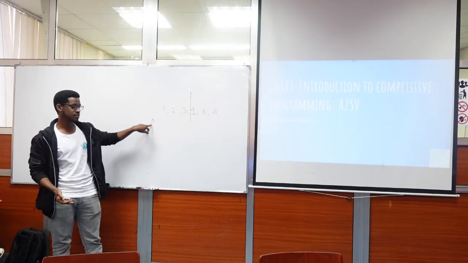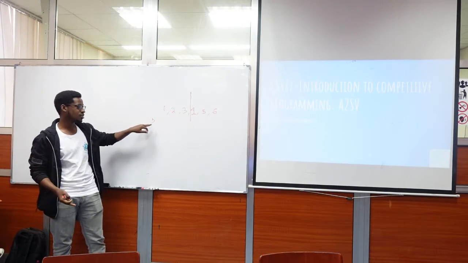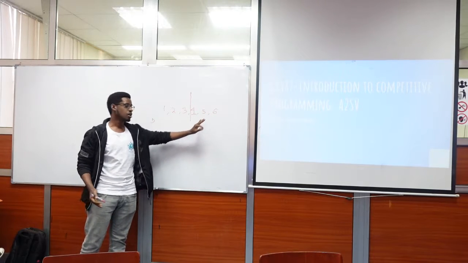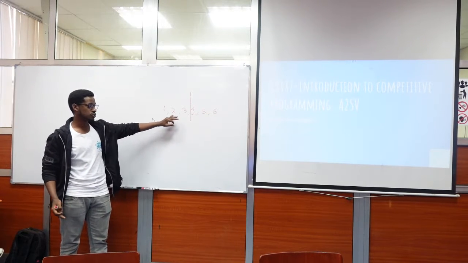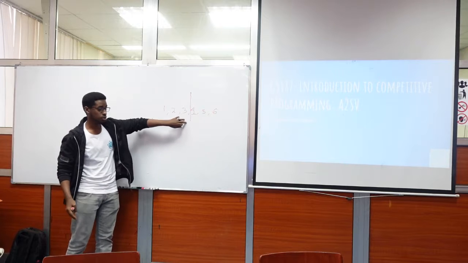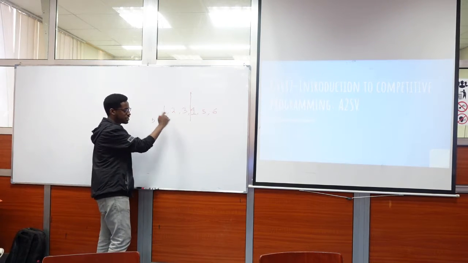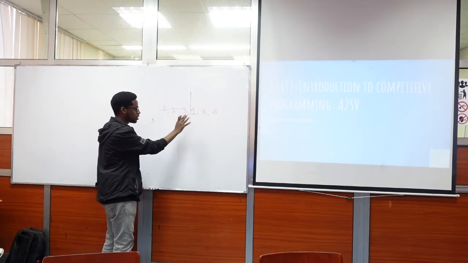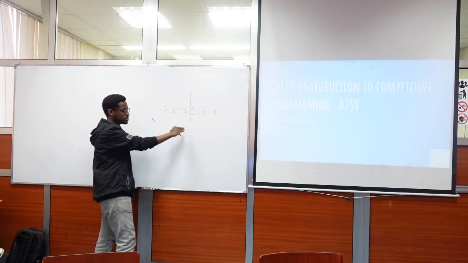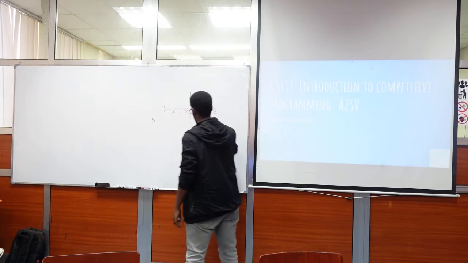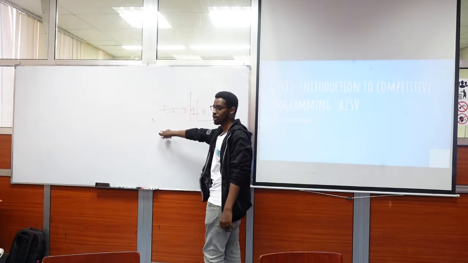Since 4 is less than 5, we're guaranteed that the element will be in this half. If we were searching for 2, it would be guaranteed to be in the left half. So we completely discard this and search within this search space, because 4 is not equal to 5.